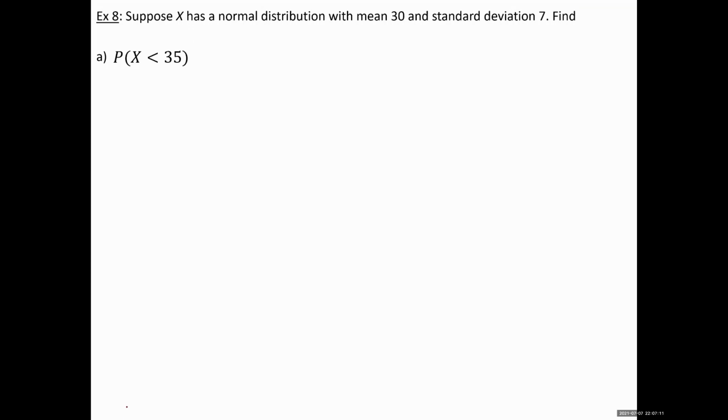Probability X less than 35. Don't forget that a random variable is a bag of numbers. So what they're trying to say here is there's a bag of numbers, and the fact that they say it has a normal distribution with mean 30 and standard deviation 7, they're trying to describe the contents of the bag somehow. Like they're trying to give you an idea of what numbers are in the bag. That information lets you know pretty much anything you would want to know about the bag.